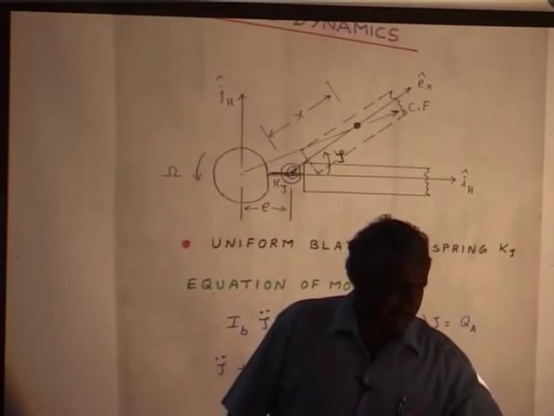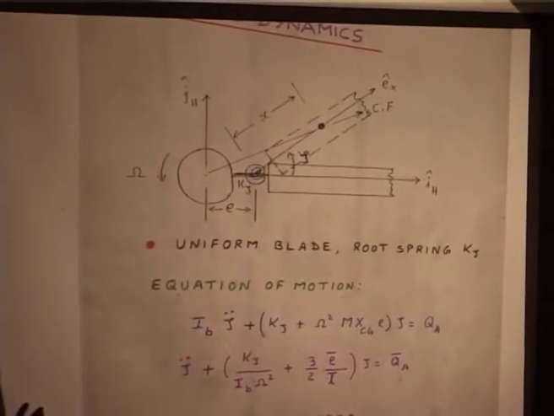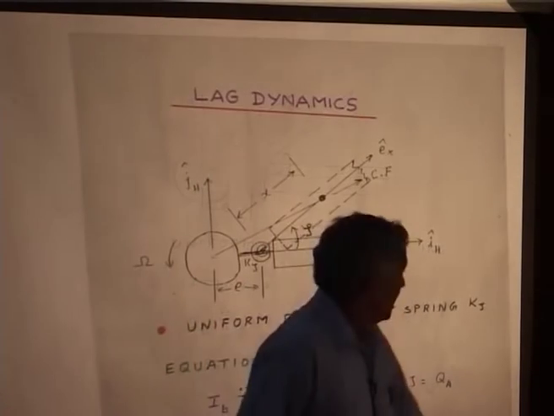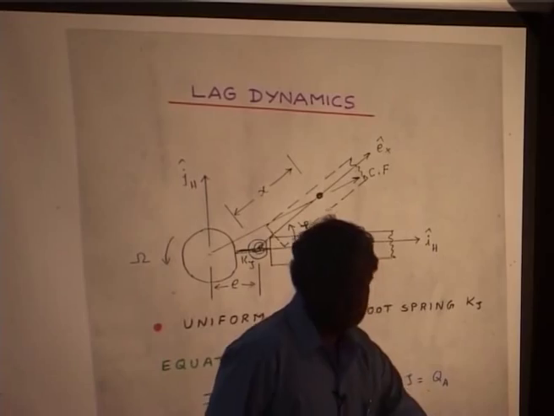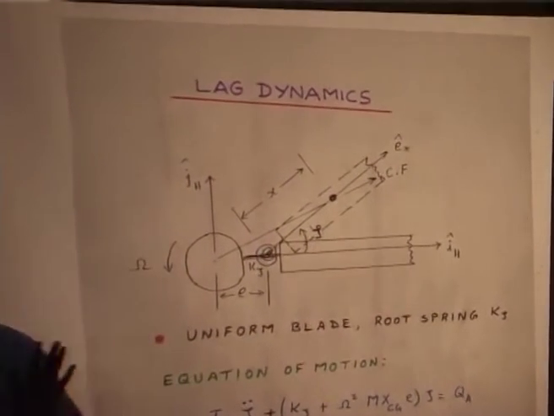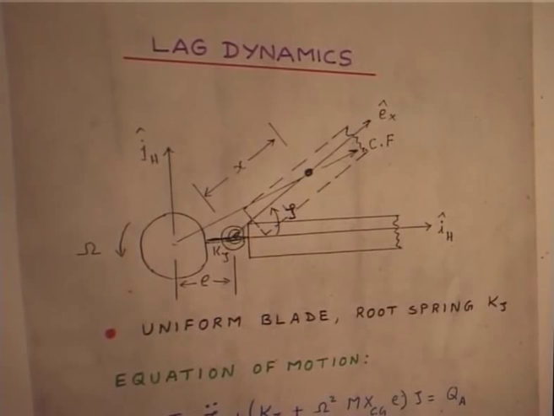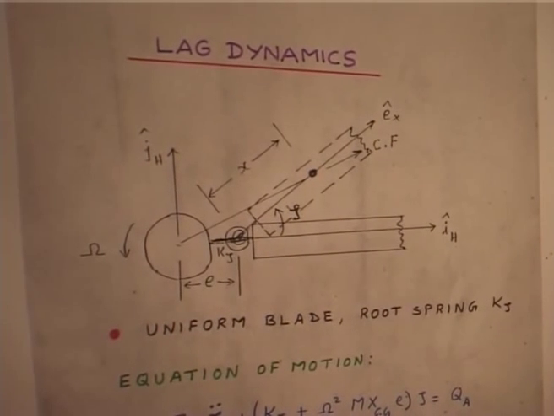I will just briefly tell you the lead lag dynamics. So, this is isolated in the sense of only lag motion. I do not have any flap motion, nothing. Please understand, what we derived earlier was only flap motion. Now, I am saying there is only lead lag motion.